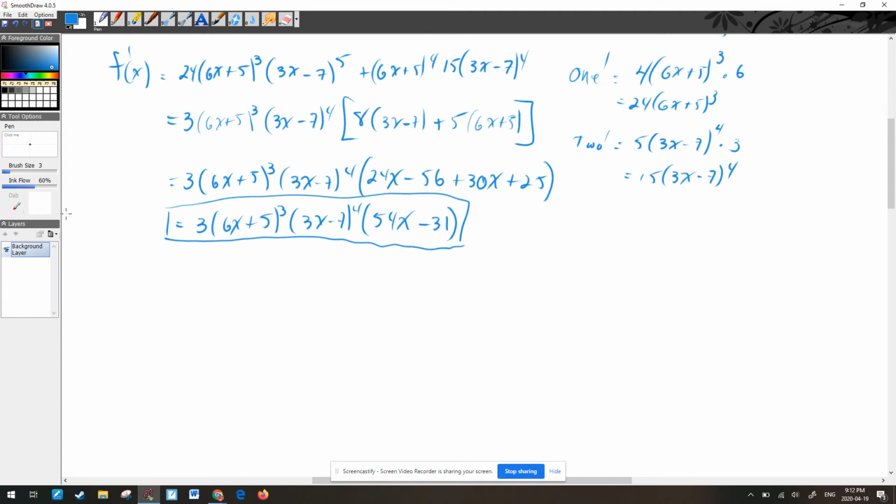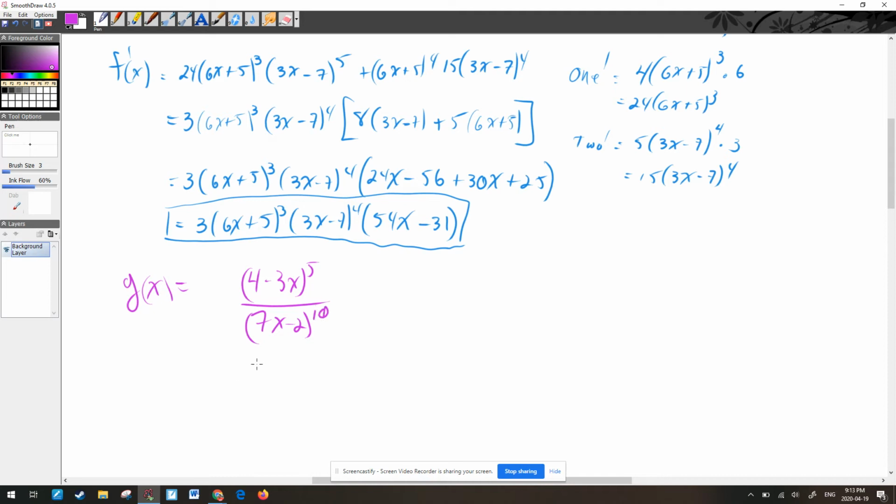How about if we did one that we could do with quotient rule, but a lot of you would elect to do it with product rule? Again, I'm not going to mandate one way or the other. You can do it however you choose. So imagine that we had, in this case, g at x is going to be equal to 4 minus 3x to the fifth over 7x minus 2 to the 10th.